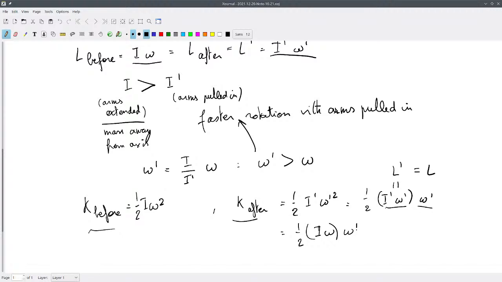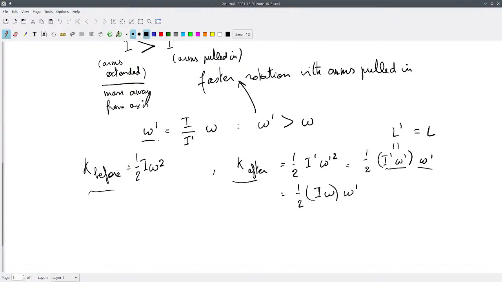And then we have one more remaining omega prime. But we know that omega prime is I over I prime times omega. So this is going to be 1/2 I omega, and then I over I prime times omega, or I over I prime times K before.